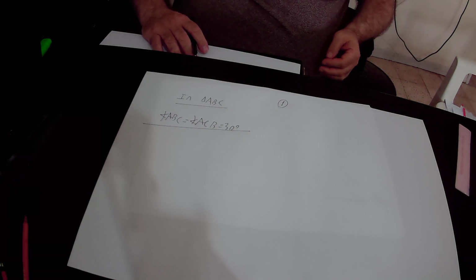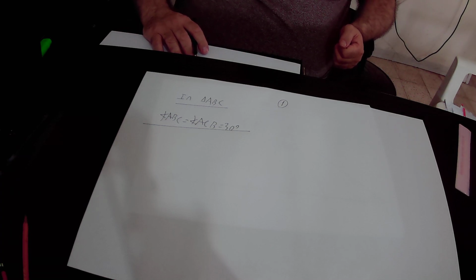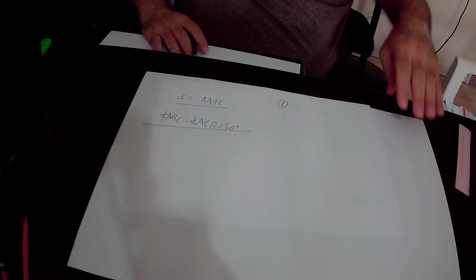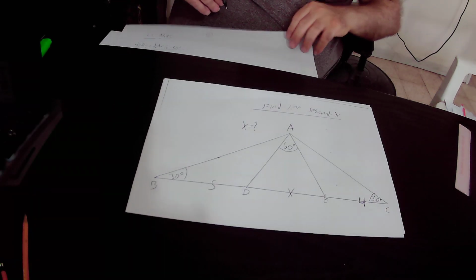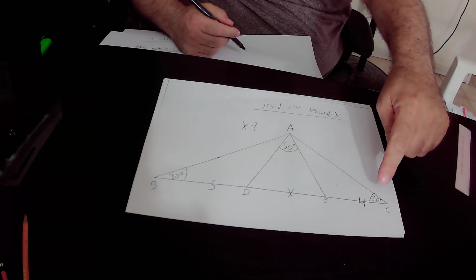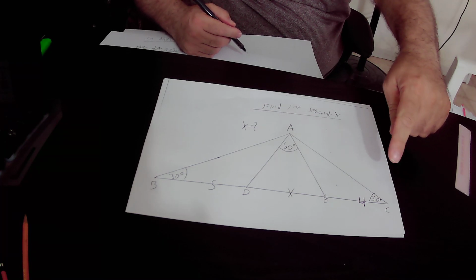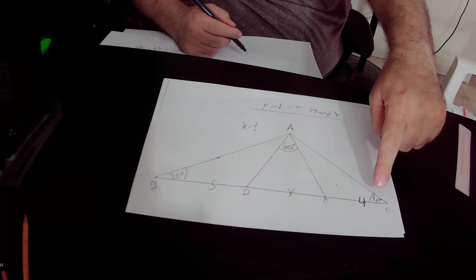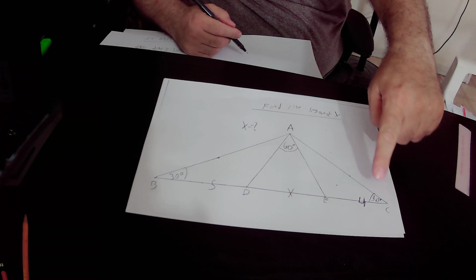And according to the rule that in front of equal angles in the triangle there are equal sides, if we focus on triangle ABC, in front of this angle that is equal to 30 degrees, we have side AB.